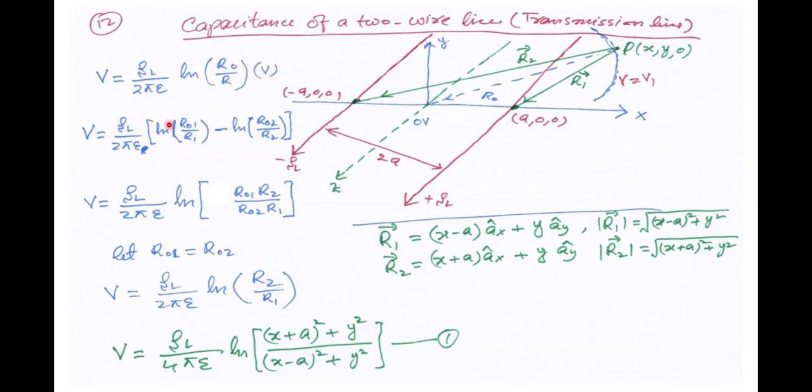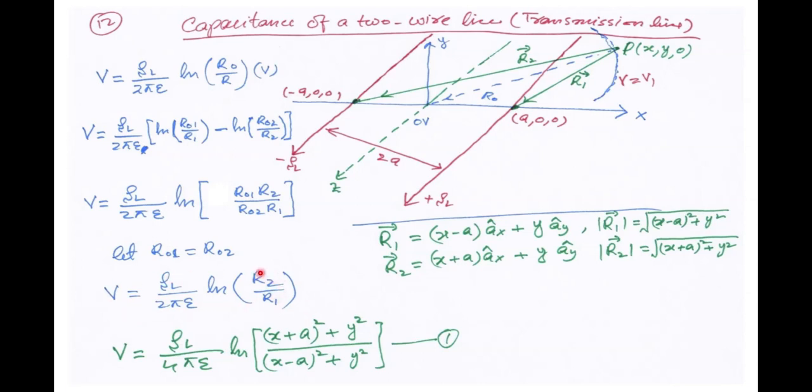According to linearity, we can add the potentials at point P, which results in this expression. If the distances of the field point from the reference plane and from the line charges located at x equal to a and x equal to minus a are equal, then we can cancel out R01 and R02, and finally we come across this expression.